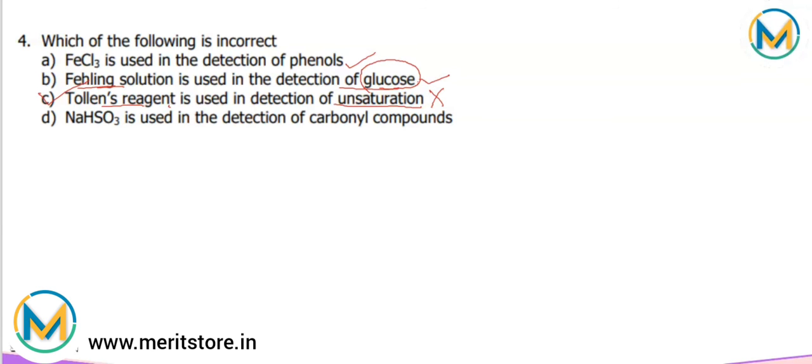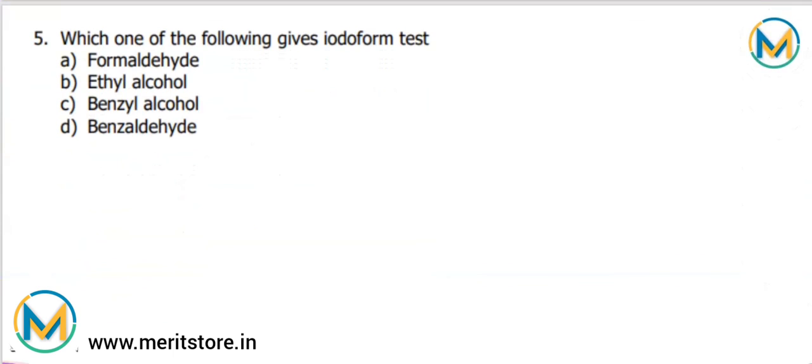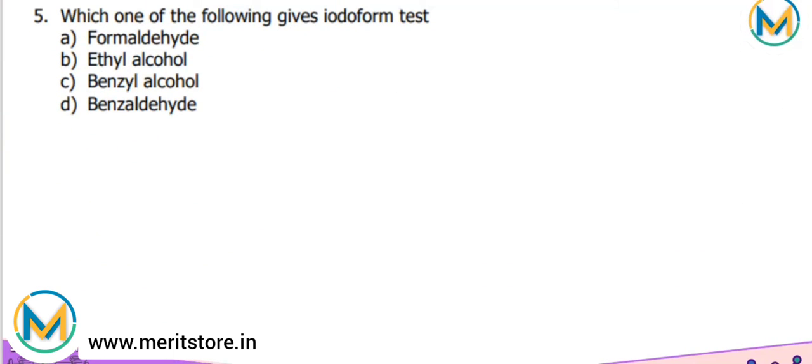Looking towards the last question, which of the following gives the iodoform test? Now the compound having an alpha hydrogen atom will give the iodoform test. Ethyl alcohol, option B, and secondary alcohols also give a positive iodoform test, because by the action of halogens in alkaline medium, they are oxidized to acetaldehyde and methyl ketone respectively.